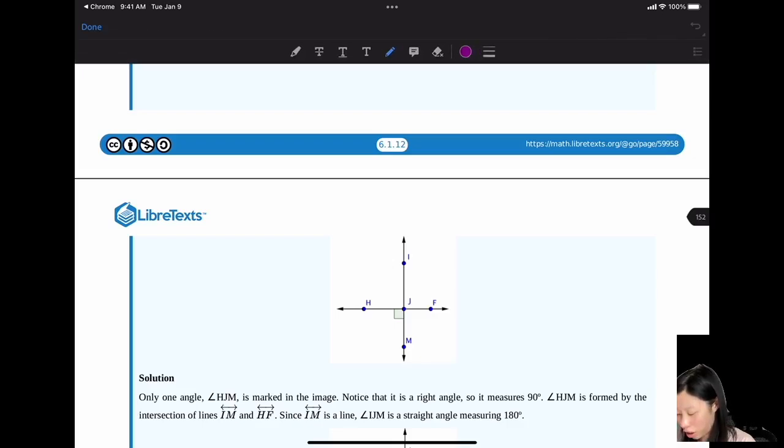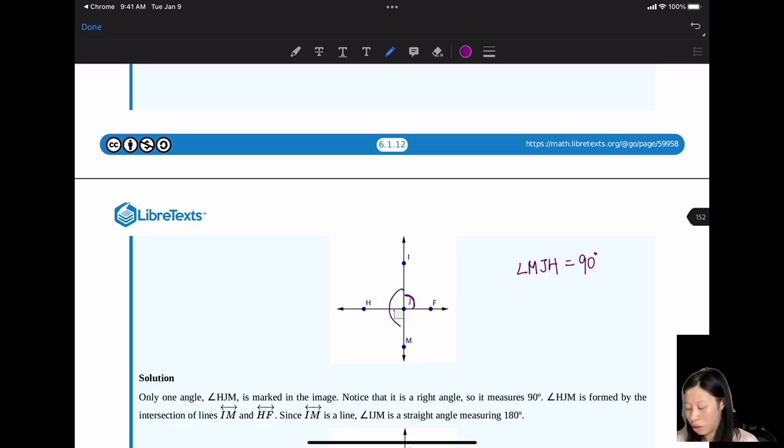IJF is this angle, and we don't know what the degree is. So how do we do it? From this graph, we know that angle MJH equals 90 degrees.